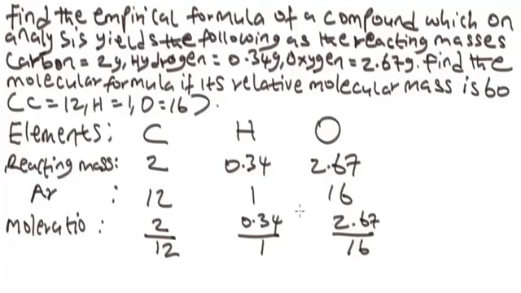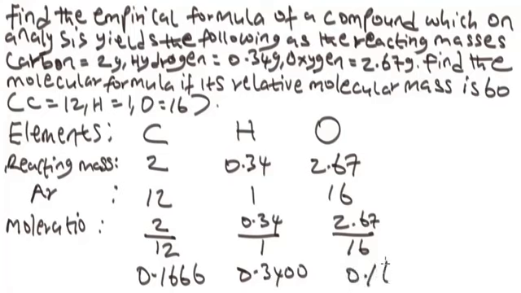Let me punch this into my calculator and get them respectively. 2 divided by 12 gives us 0.1666 to 4 decimal places. 0.34 divided by 1 is still 0.34, so let's add 0 to make it 4 decimal places. 2.67 divided by 16 will give us 0.1668 in 4 decimal places.